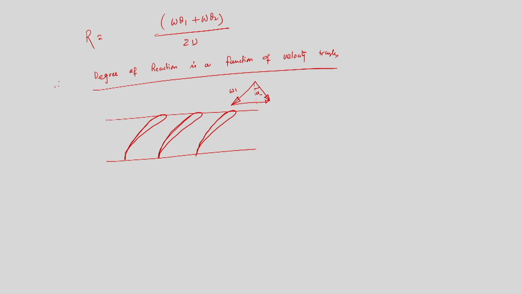This is, let us say, alpha naught, this is alpha 1, that is what we have discussed, and this component is c theta 1 and this component is w theta 1. And the velocity angles at the outlet, this is Cz1.